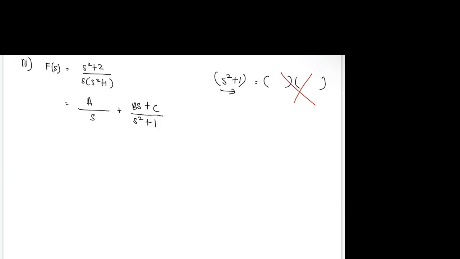So here we have s square plus 2 over s square plus 1, so s square plus 2 equal to A multiplied by s square plus 1, plus Bs plus C multiplied by s. Okay, we want to solve for A, B, and C. You have three constants A, B, and C.